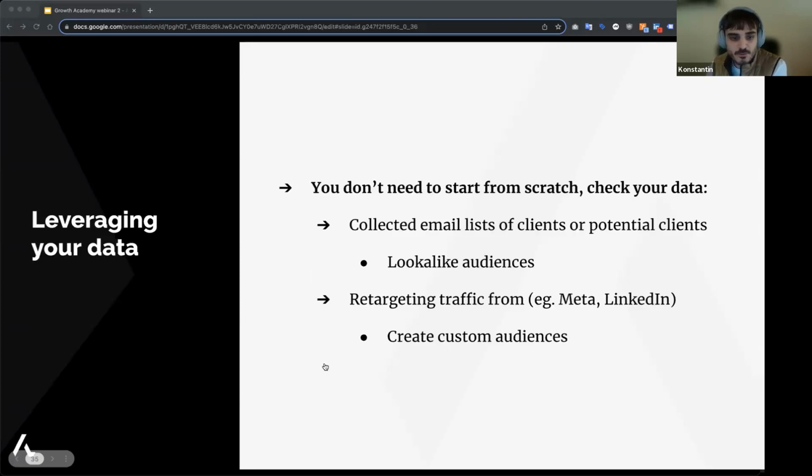But yes, how do we leverage data? So if you're an established business and you already have a lot of traffic and data, or you're even just starting out, you don't need to start completely from scratch. And what I'm trying to say with this is that you probably have collected lists of clients or potential clients.